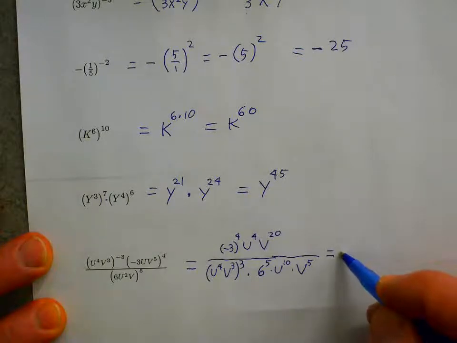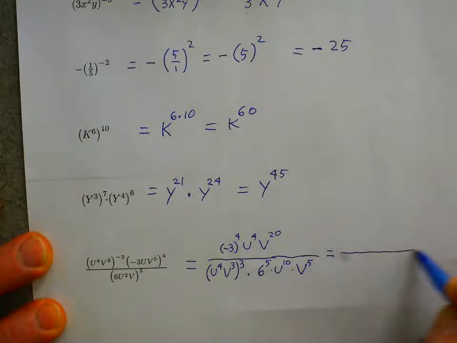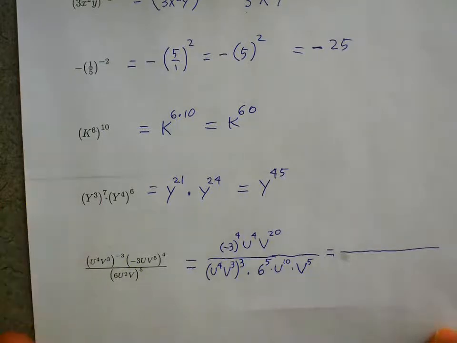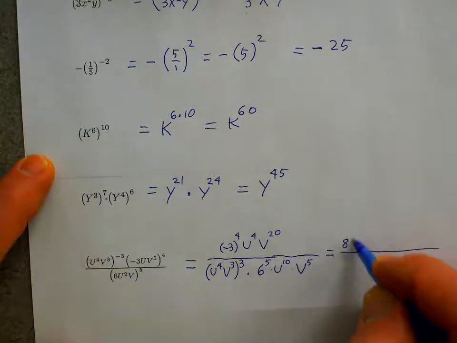Okay, so let's do a little bit of expanding, and then we'll work on simplifying the variable parts. So in the numerator, -3 to the fourth, so that's -3 times -3 times -3 times -3. That turns out to be +81.